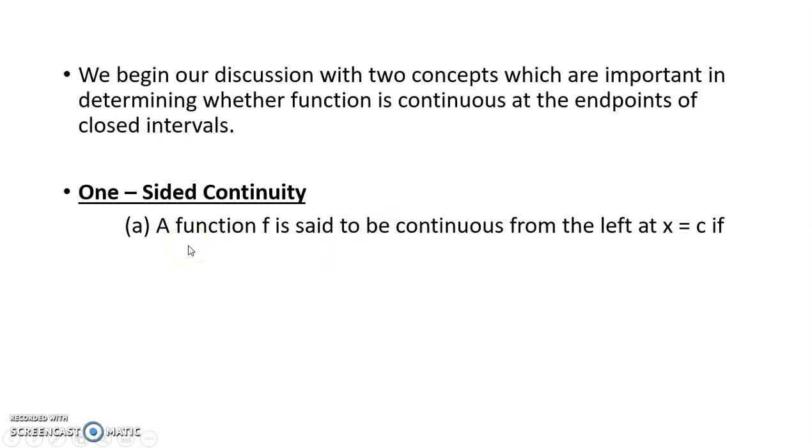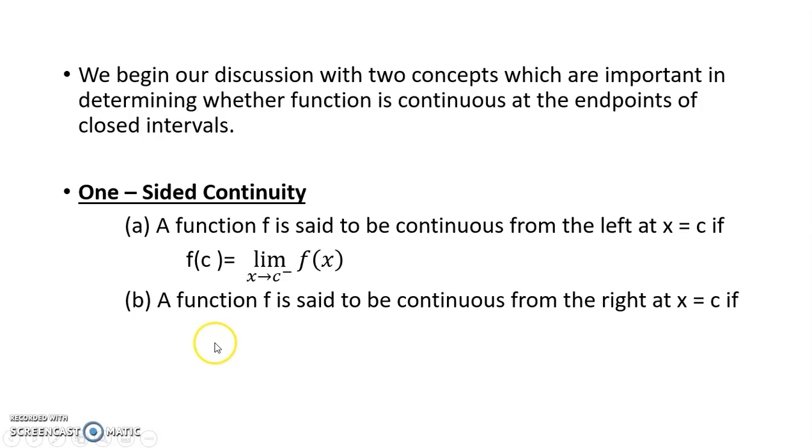A function f is said to be continuous from the left at x equals c if f of c equals limit of f of x as x approaches c from the left. A function f is said to be continuous from the right at x equals c if f of c equals limit of f of x as x approaches c from the right.